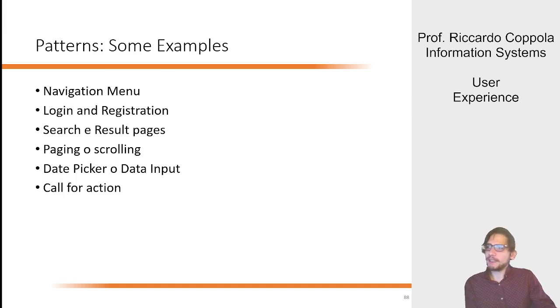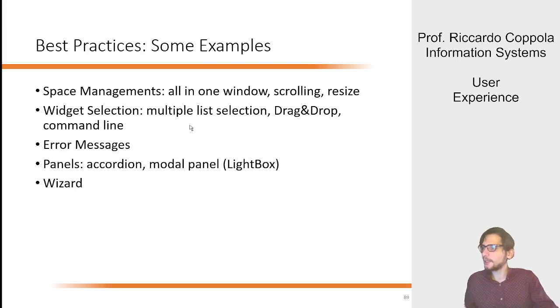And finally, just to provide some pointers, a set of patterns and best practices are the utilization of navigation menus, the utilization of a login and registration specific screen, search and result pages, paging or scrolling, which is for instance what you do on Twitter, the use of date pickers and data inputs, the use of calls to action, like for instance the GDPR element that you receive every time you open a new website.